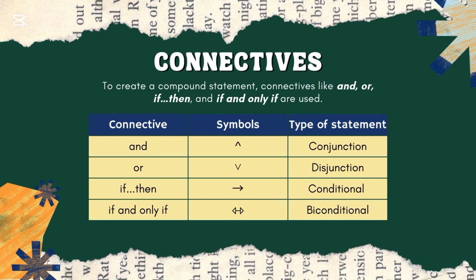In or, we have the disjunction, if then, conditional, and if and only if is a biconditional. The symbol of the connective and is an upward V or turned V. For the connective or, its symbol is just like a V. And the connective if then is an arrow, while the connective if and only if is an arrow going both sides.